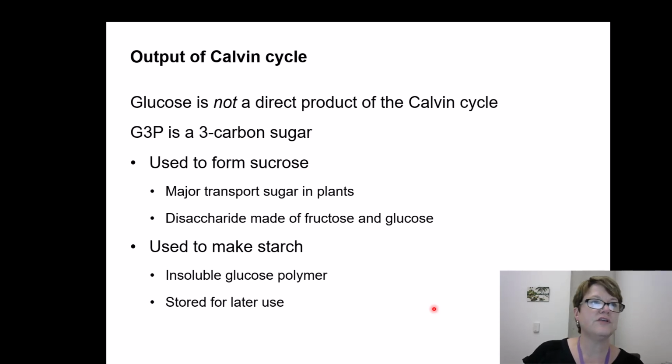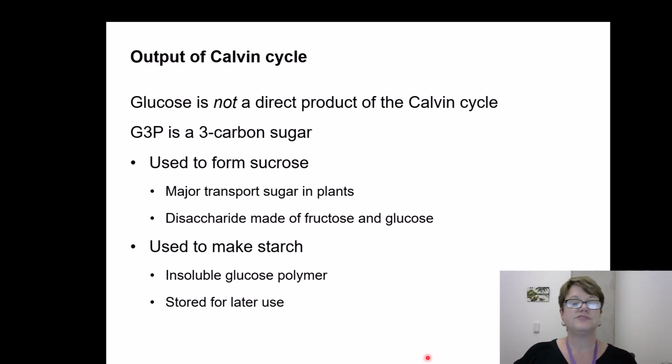So glucose is not the direct product of the Calvin cycle, G3P is, but 2 G3Ps can be joined together. And other sugars can be made as well. Sucrose is a common one. That's the type of sugar you have in your sugar bowl at home if you have one. So different kinds of sugars can be made from G3P.